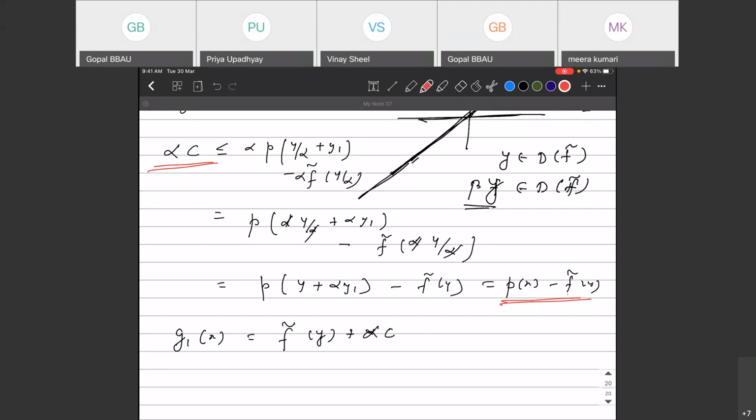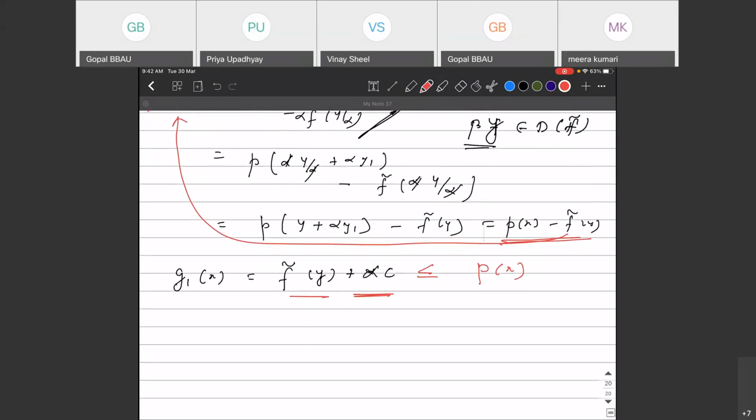This means when you bring this f tilde y this side, it will be f tilde y plus alpha c, and it is less than or equal to Px. Correct? So this implies G1x is less than or equal to Px. So in each of the three cases, we saw that G1 is less than or equal to P. So this implies G1 belongs to E.